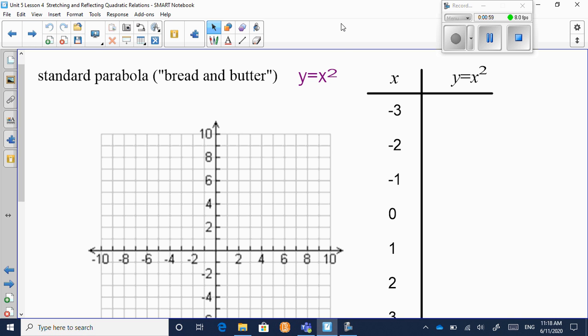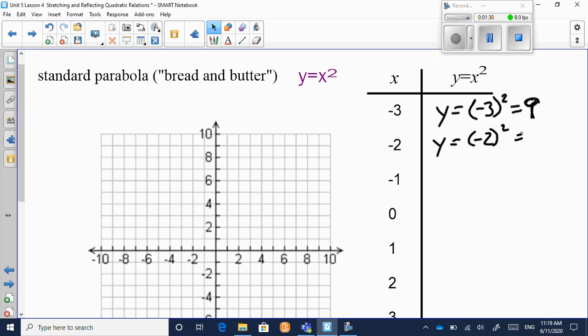If we pick various values of x, and I've gone from -3 to +3, if we input -3 into the equation, y is equal to -3 squared. Well, -3 times -3 is +9. If we put -2 in there, y is equal to -2 squared.